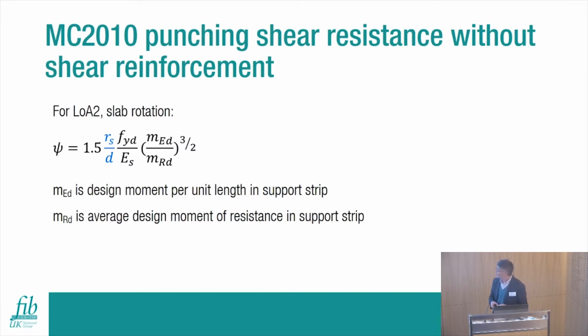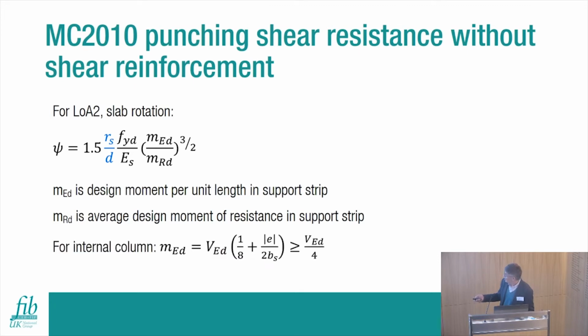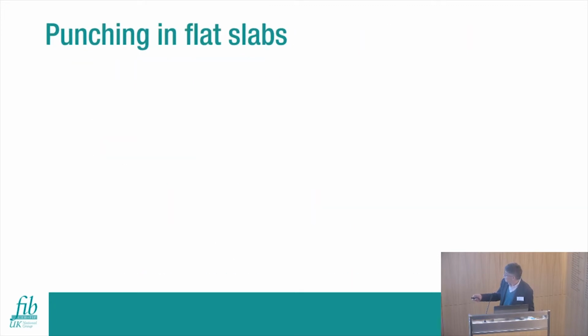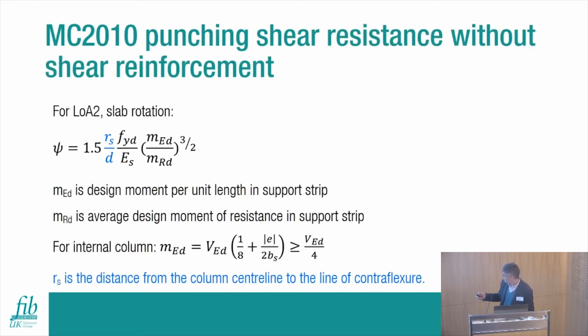So for level of approximation 2, the code gives us this equation here for calculating the slab rotation. And we see that the rotation is proportional to the radius of the line of radial contraflexure.